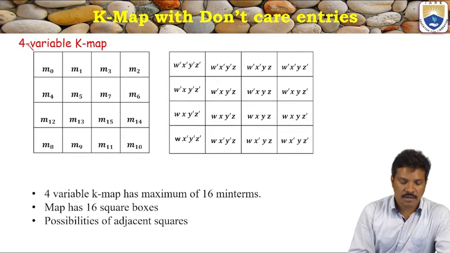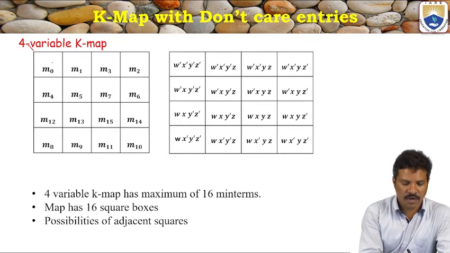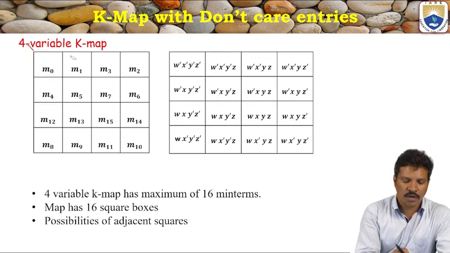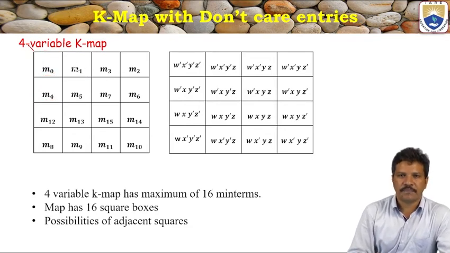And then what are the possibilities of adjacent squares? For a square, its adjacent may be horizontally M1 or vertically M4. This is the simple one, just nearby adjacent.